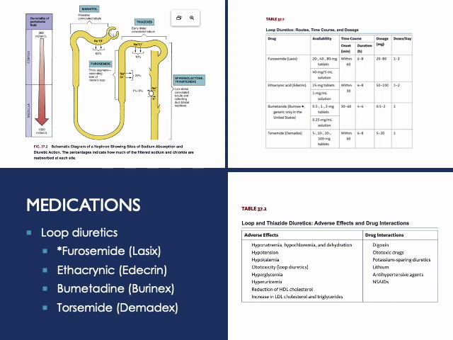And if we block the solutes from being reabsorbed, then we also are going to prevent the reabsorption of water. A substantial amount of filtered sodium chloride is normally reabsorbed in this loop of Henle, about 20%. So when we interfere with this reabsorption, we can produce diuresis.